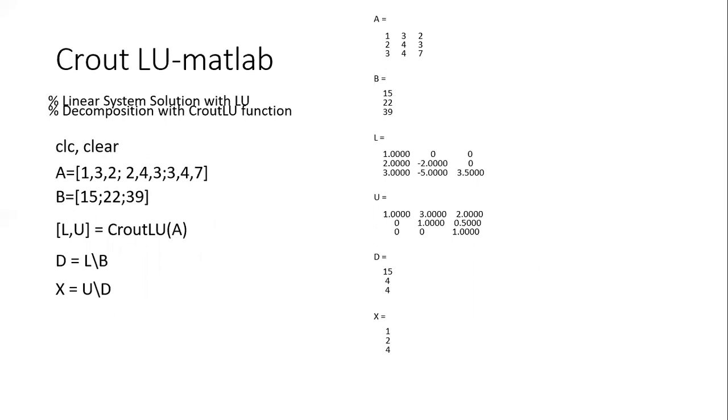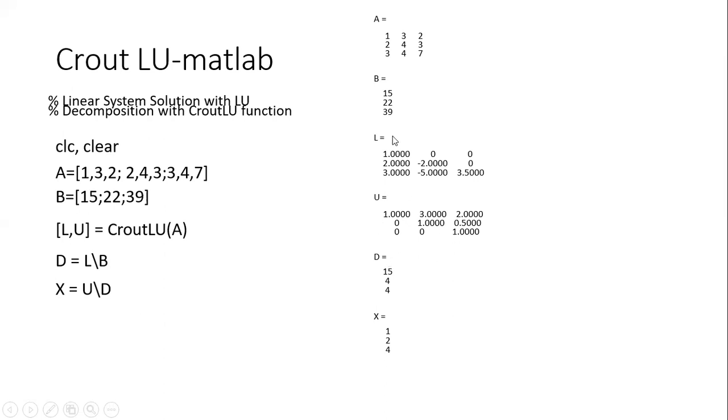So using MATLAB, of course we need to declare first what is A, what is B, and using the CROUT-LU command function, L comma U equals CROUT-LU of A. Then solve initially for the value of D, which is equivalent to L divided by B, and to solve for the value of X, X equals U over D. So this gives us the following values.